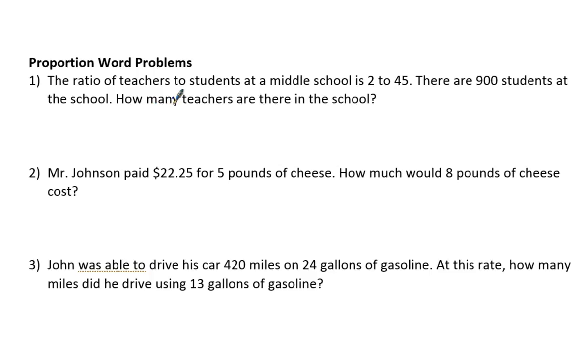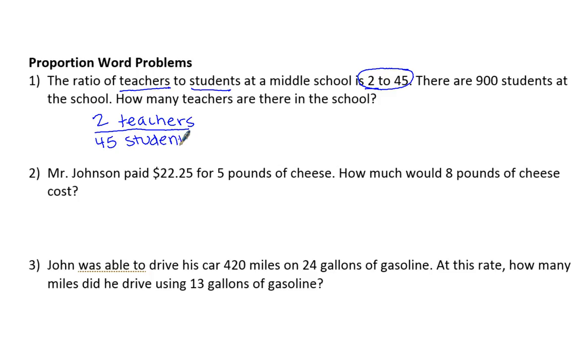So when you approach a problem like this, the first thing you want to look for is, what do we know? So what they're telling us is that for every 2 teachers, because that was the first word that they used, and that was the first number they used, for every 2 teachers, there are 45 students. So we're going to set up this ratio as 2 teachers to 45 students.